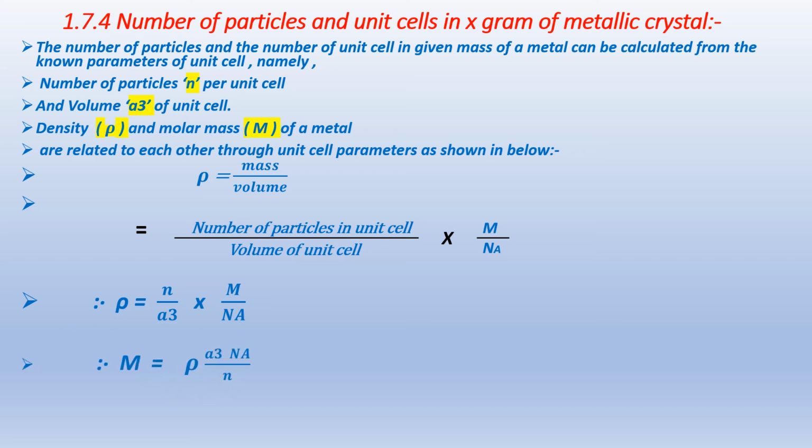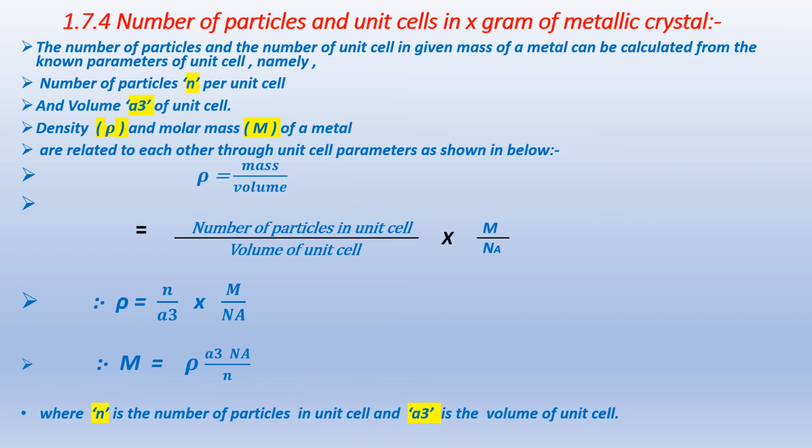Therefore, when you have to calculate capital M, M is equal to rho a cube into Na upon small n. Okay. Hence, n is the number of particles in the unit cell and a cube is the volume of the unit cell. Remember it.